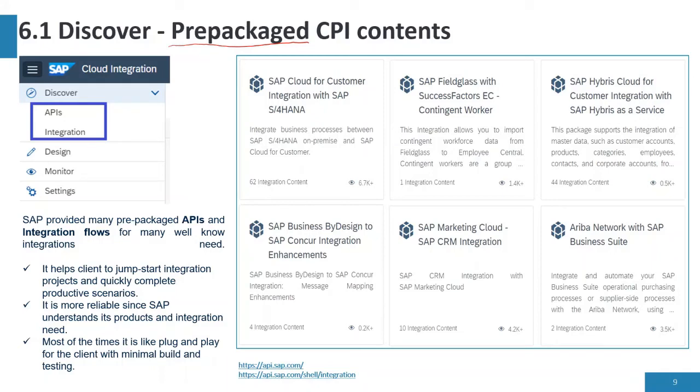This is just a sample slide showing pre-packaged content for integrating Cloud for Customer with S4 HANA, Field Glass integration with SuccessFactors Employee Central, then Hybris Cloud integration with Hybris as a Service, Business ByDesign integrating with Concur, Marketing Cloud integrating with a CRM system, and Ariba Network with Business Suite. These are a few examples.